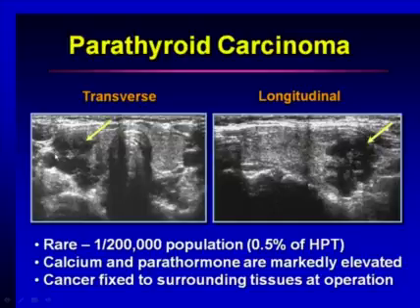We can see that here with the lobulated contour of this mass extending and interdigitating into the tissues around it. So this was a parathyroid cancer, but most of the time the masses just appear as a large but otherwise normal appearing enlarged parathyroid gland, and the diagnosis is made at surgery.